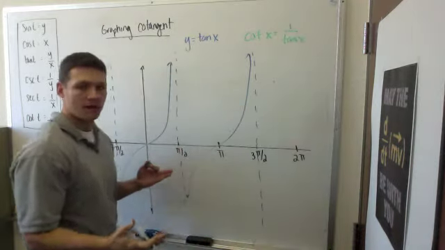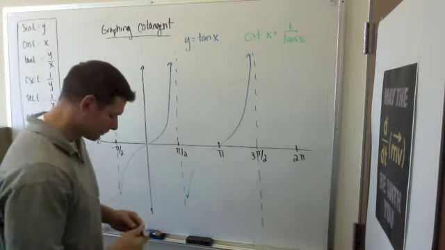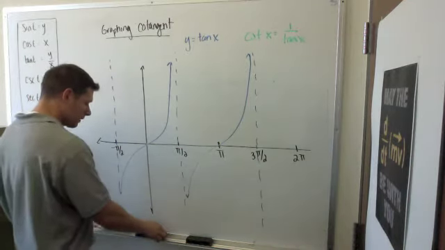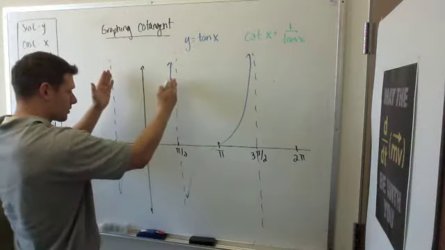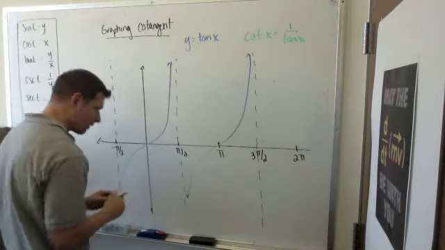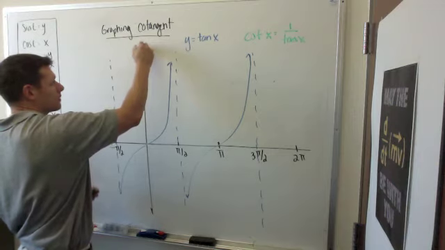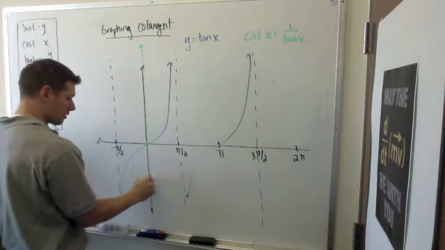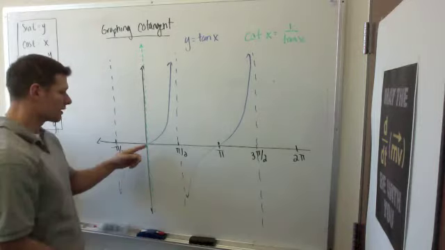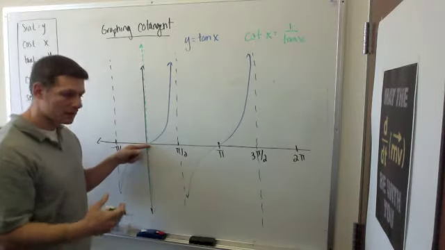That's undefined. You can't divide by 0. What that says is, instead of having asymptotes like tangent does, cotangent is going to have an asymptote right here. The height is 0.